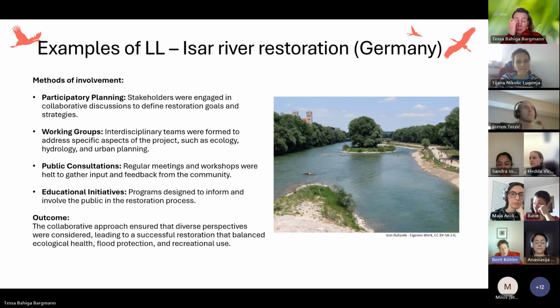And I think it was a real positive outcome here, and that has been described in several publications, that this collaborative approach, so this living lab approach, actually ensured that diverse perspectives were considered, and that led actually to a successful restoration project that could be conducted, and that balanced both ecological health, flood protection, and the recreational use.